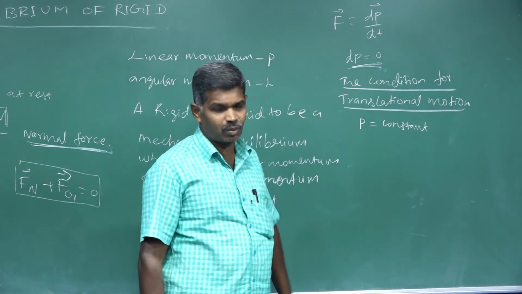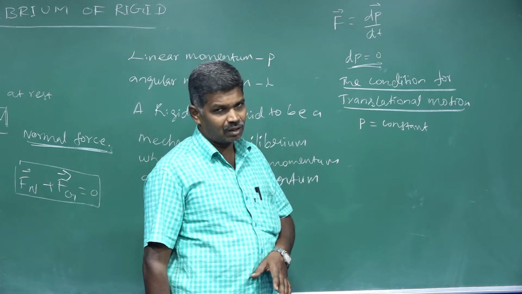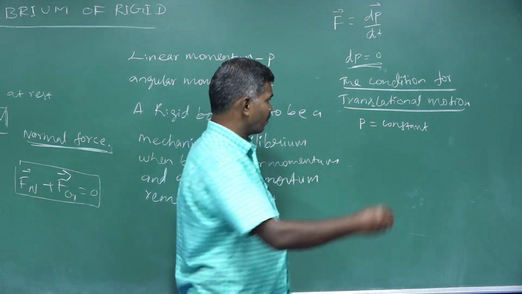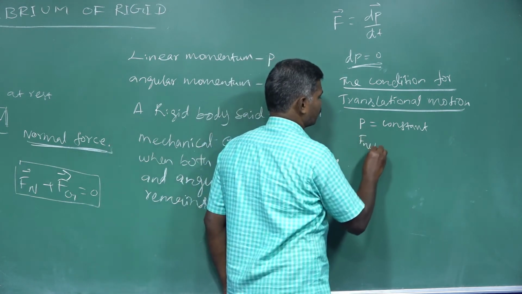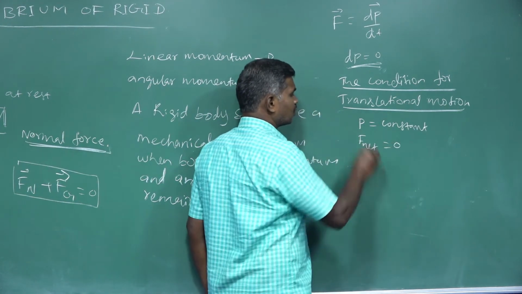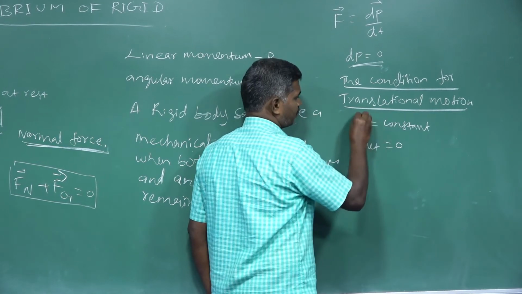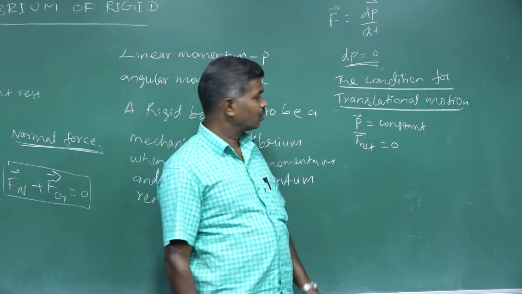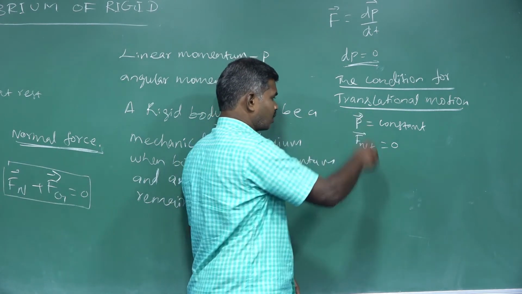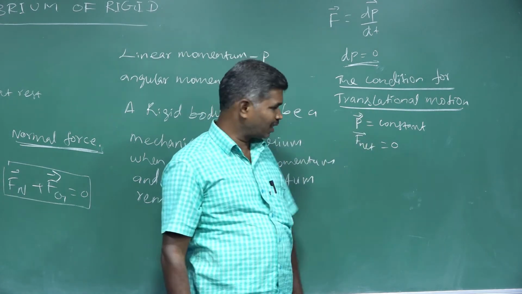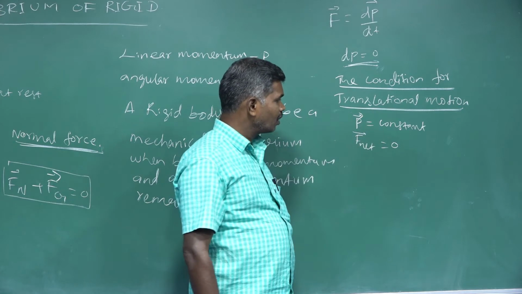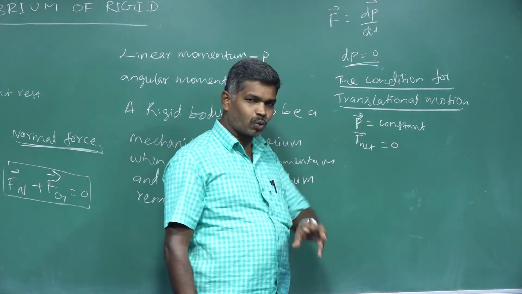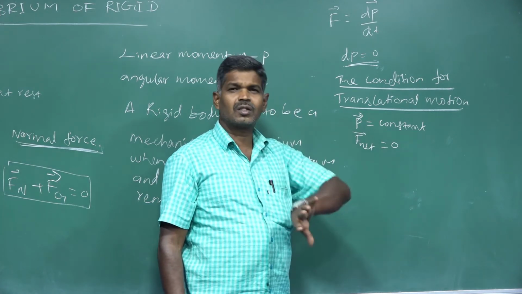No change in linear momentum means the net force is 0. These two are vector quantities: the linear momentum p vector as well as the force. If linear momentum remains constant, the net force on that body is 0.